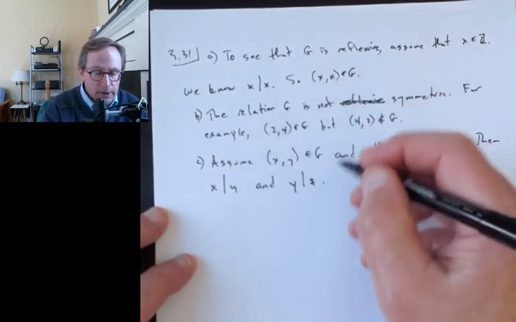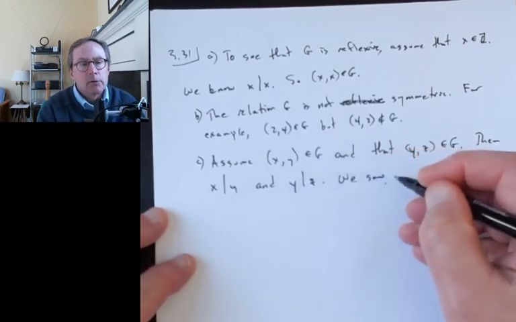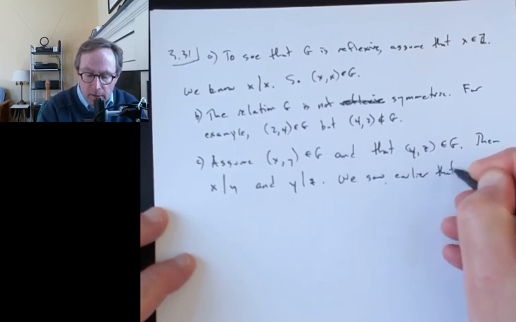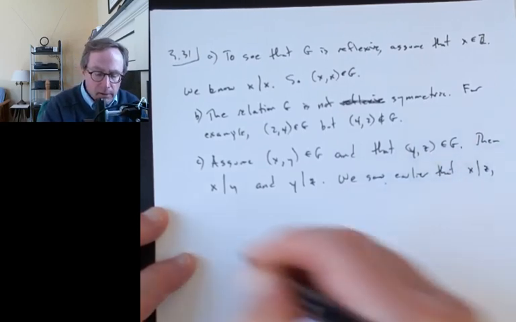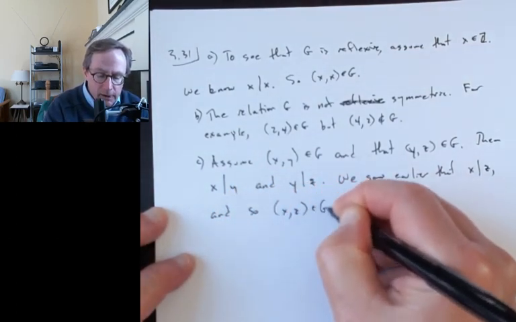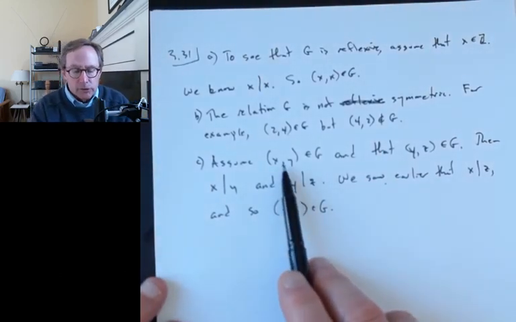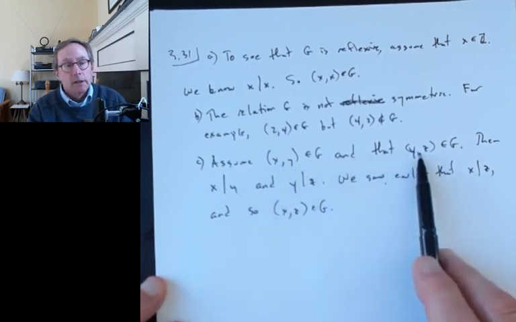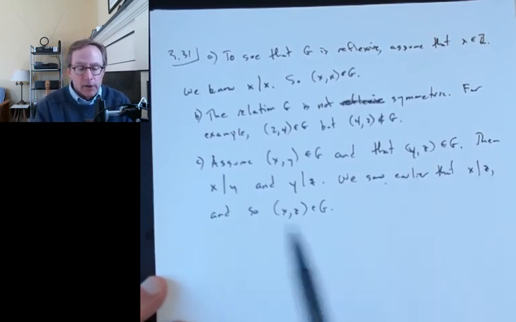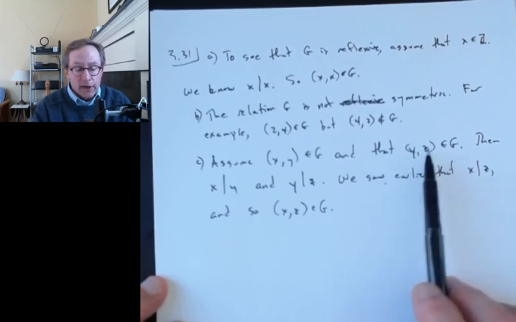By the transitive property, I know it seems sort of silly to name it, so we saw earlier, I'm not going to bother to look back and see what number it is, x divides z, and so x comma z is in G. Okay, so to show that something is transitive, you assume x comma y and y comma z, and you've got to go on and show x comma z. To show something isn't transitive, you only have to name a specific example of an x, y and a y, z where it fails to be the case that x, z.